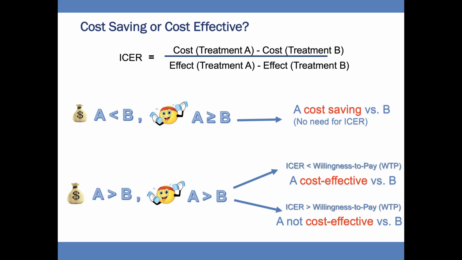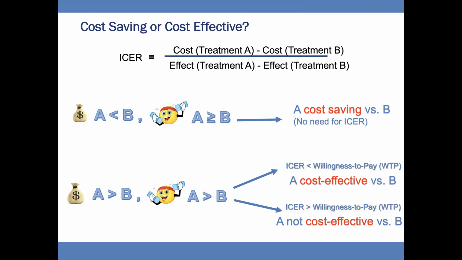Suppose you have a new treatment that costs less and offers a better outcome. You can think of it like a laptop. Normally the price goes down over time, and it's faster and more powerful, right? So this is an ideal situation. You want a new technology that can offer you more but cost less.